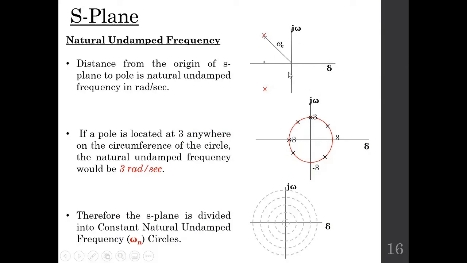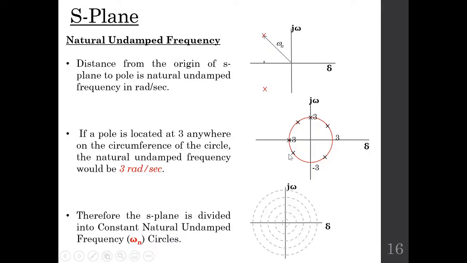This is your S-plane. The location of the poles on the S-plane can be used to find out lots of things. Let us see what we can find out from the location of the poles. Assume we are dealing with an underdamped system having 2 poles. One is located here and another one is located here. If you draw a straight line from the origin to this pole, that will be your undamped natural frequency.